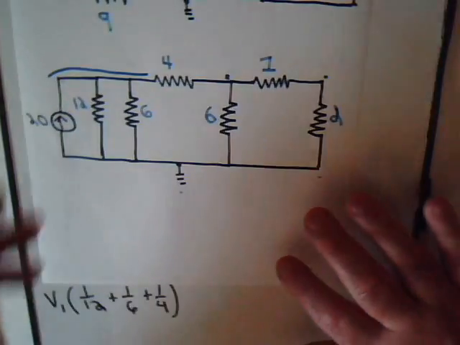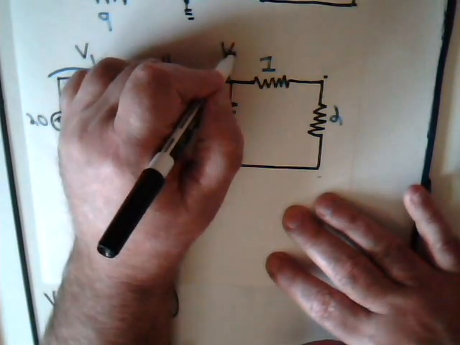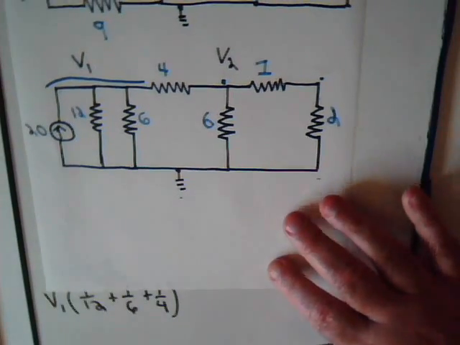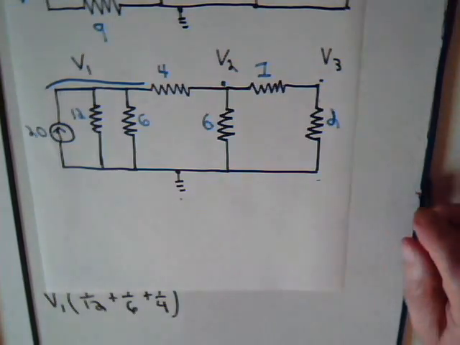So let's say this is at potential V1, node 2 at voltage V2, and node 3 at voltage V3.